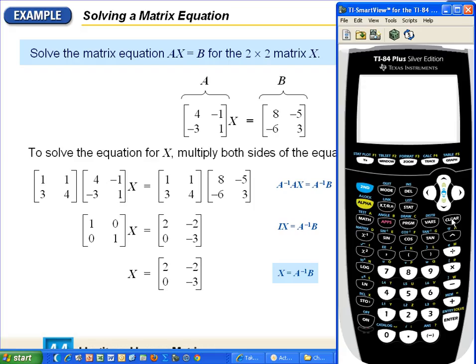So let's input both of these matrices. Okay, so we'll go over and edit matrix A to be this guy. So 4, -1, -3, 1. We'll edit matrix B to be this guy.